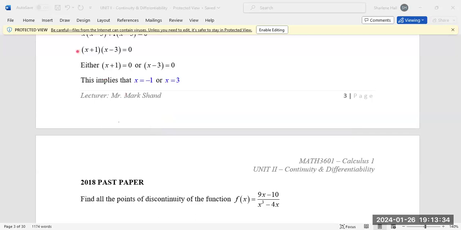Sir, I'm a bit stuck. Why? What happened? Because the x to the cube minus 4x, I don't know how to... equals 0. And then what happened? What do you recognize with that question? x cubed minus 4x.